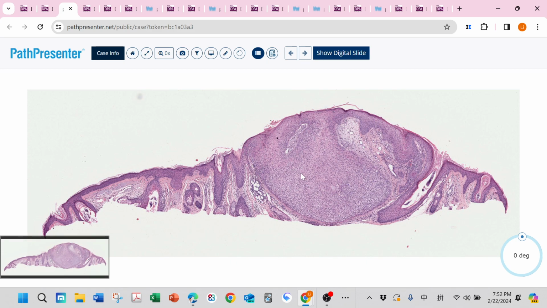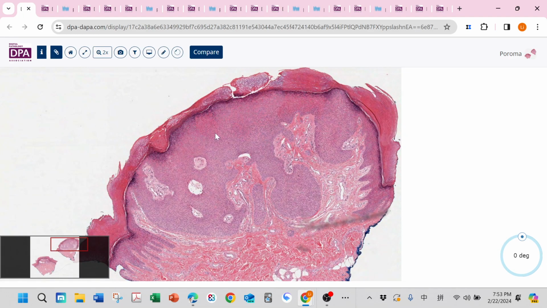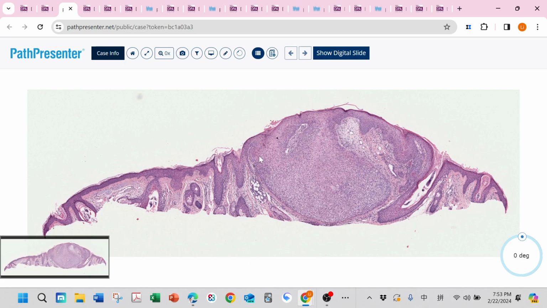Then you see this pale cytoplasm, even clear cytoplasm compared to the poroma. In the poroma, they also have this eosinophilic cytoplasm, but in trichilemmoma, you can see really clear cytoplasm because this is differentiation from the hair follicle outer root sheath component.